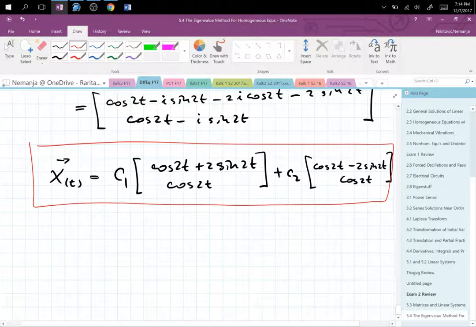All right. So, do you expect these problems on the final? The answer is yes. The eigenvalue problem is almost guaranteed. So is the Laplace. So is the constant coefficients with either undetermined coefficients or variation of parameters.